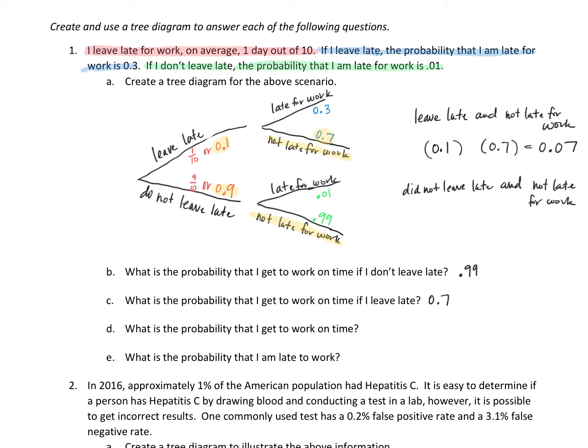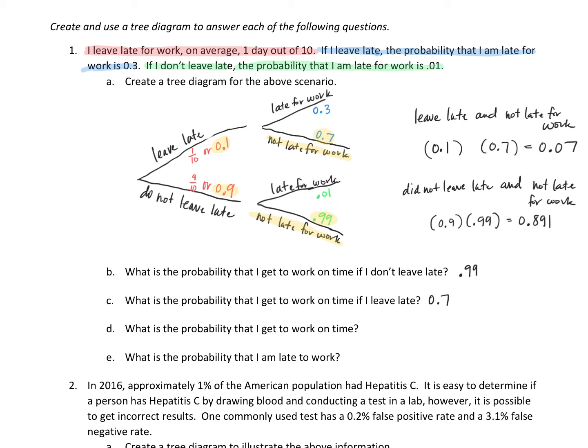I can leave late and be on time, or I can not leave late and be on time. So this one would be 0.9 times 0.99, and so that is 0.891.